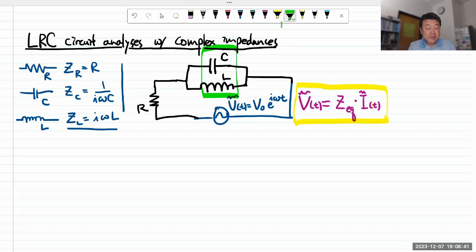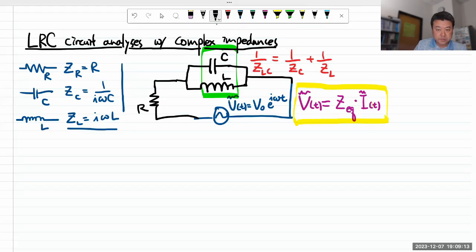And so what I'm going to do is use impedances. If these two had been resistors, I know how to add them. They are in parallel. I know how to add resistors in parallel. So I would say, okay, 1 over the equivalent impedance of L and C, in reciprocals, is going to add to 1 over the impedance of the capacitor plus 1 over the impedance of the inductor.